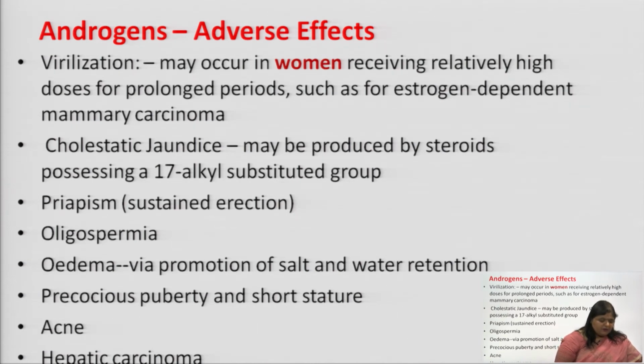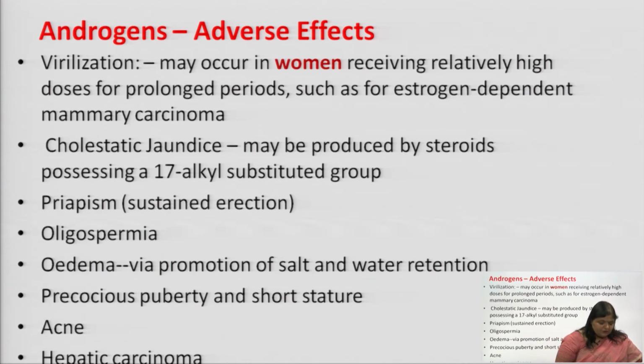Then it can lead to cholestatic jaundice, generally produced by the steroids which possess the 17-alkyl substituted group. Then it can also lead to oligospermia, that is decreased sperm count. It also promotes salt and water retention, which is called edema.